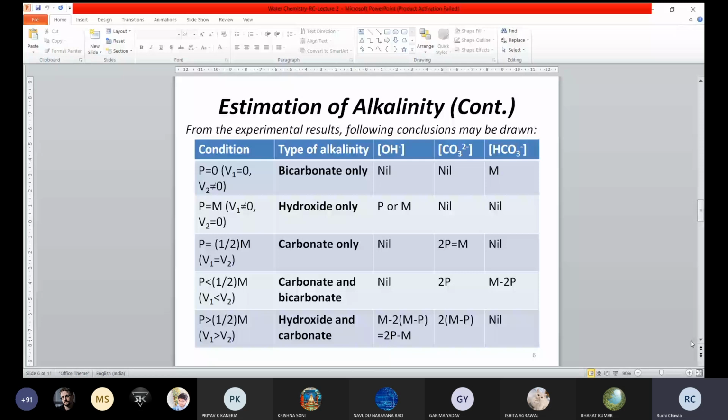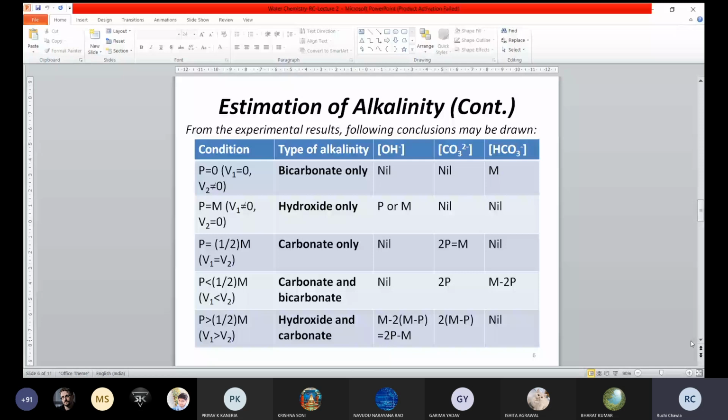Two indicators have been used because methyl orange can give you the total alkalinity of the water sample, but it cannot tell you alone which type of alkalinity is present and what is the concentration of the individual ions.